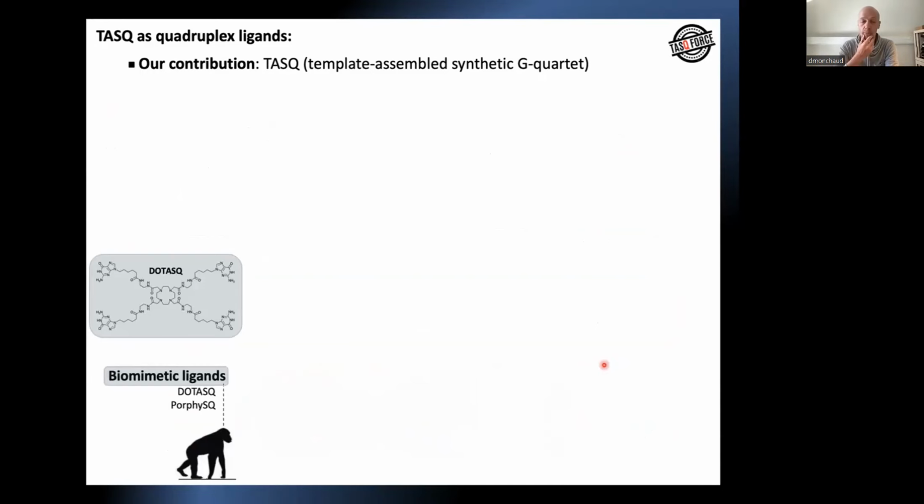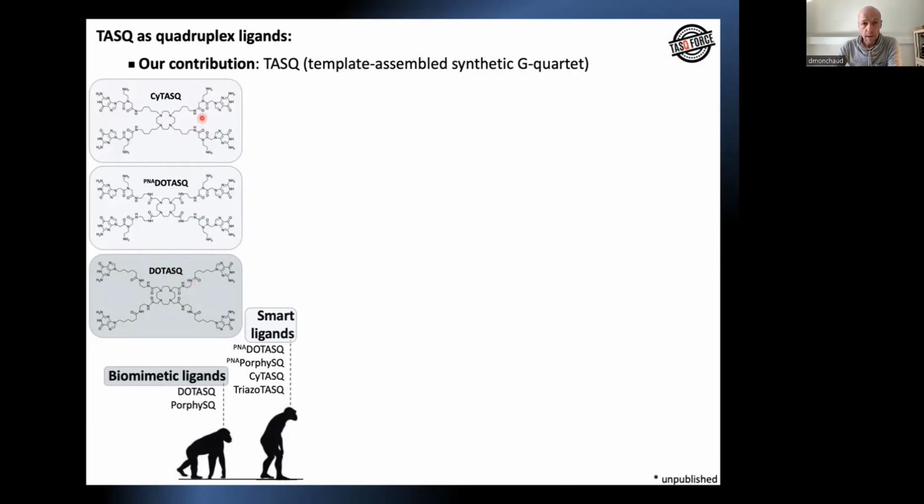I won't enter too much into the detail, but the first example was the biomimetic ligand developed, called the DOTASC, published with Jean-Louis in 2011. And then we developed the first prototype of smart quadruplex ligand. The difference is the nature of the guanines. They were neutral.